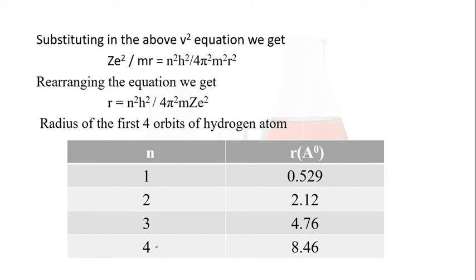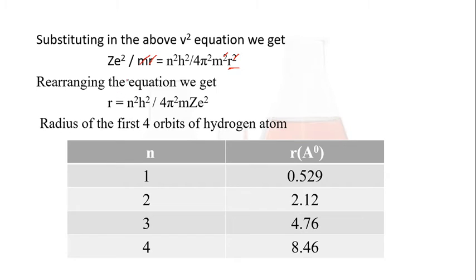Now equating them both, that is Ze²/(mr) = n²h²/(4π²m²r²). What happens? One m cancels, and one r cancels. Here only one term r remains, and that we have to find, that is the radius. Shifting r from the denominator, it goes into the numerator.